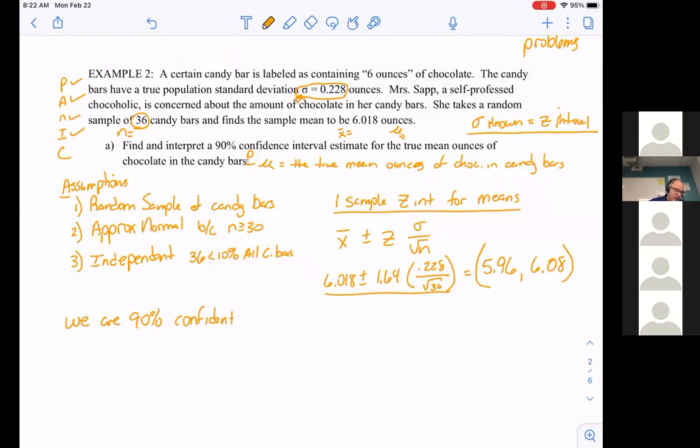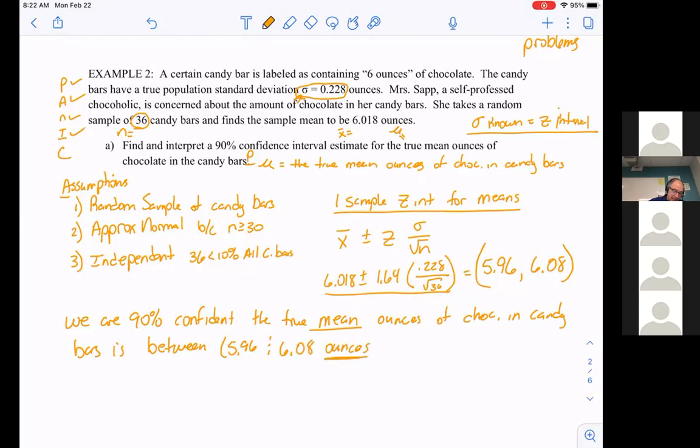We are 90% confident the true mean ounces of chocolate in candy bars is between 5.96 and 6.08 ounces. So now we need to make sure we're getting that context in there. Although we had it back here too, so we're okay. But again, make sure your answer has that context in there.